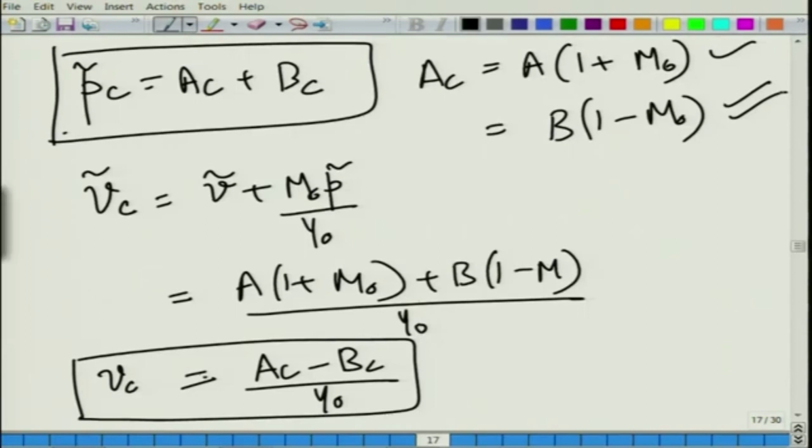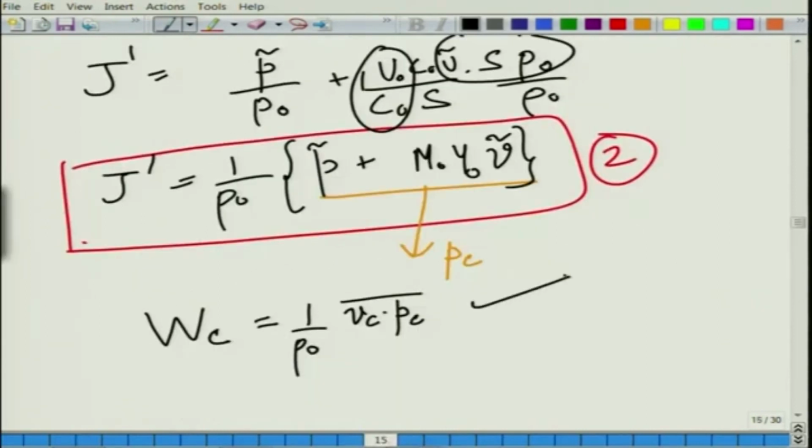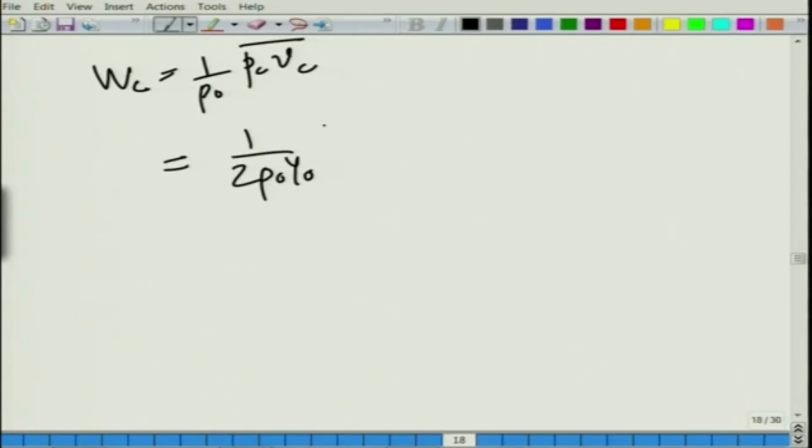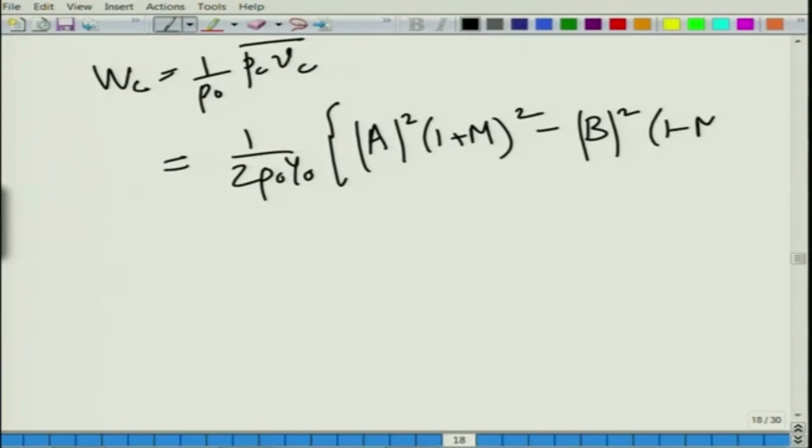Now, clearly we would like to go back to this particular expression and write down the acoustic total energy flux that is coming out of the duct in terms of this thing. So, we saw in the last class that Wc was this, which was nothing but this thing.